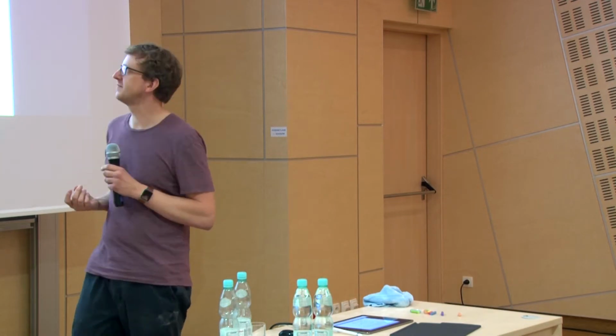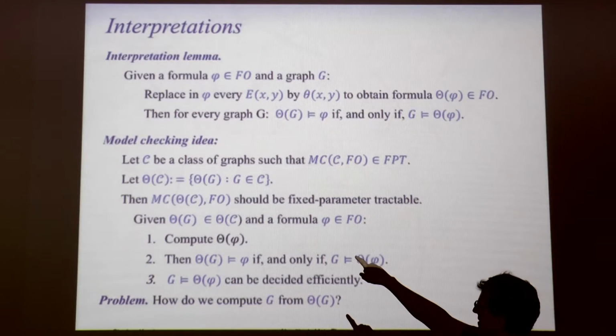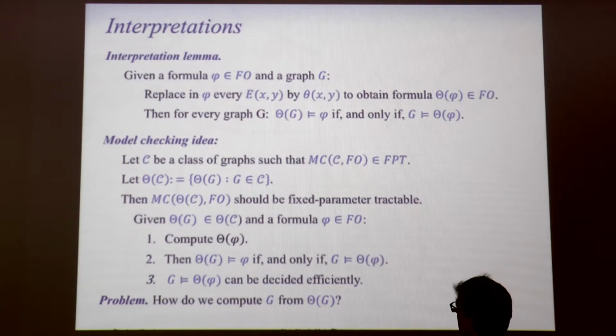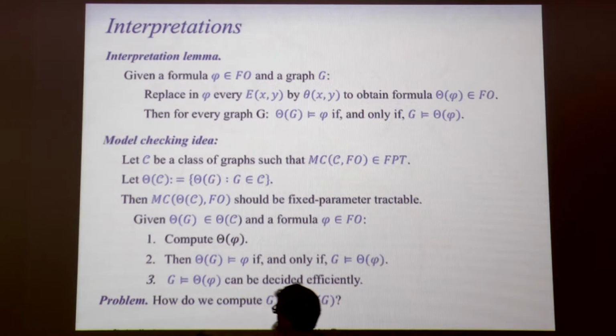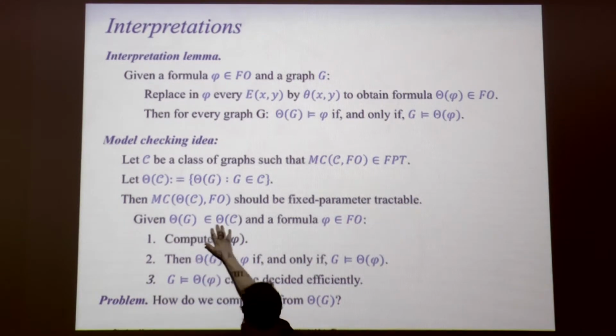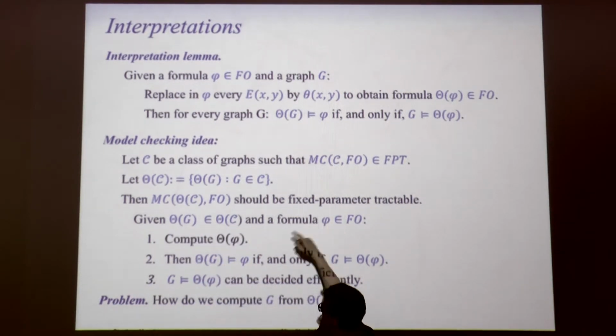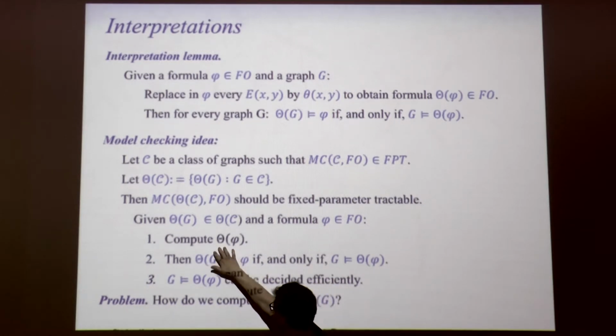So the general model checking idea is you have a class of graphs for which you know how to evaluate formulas efficiently, and then you apply this interpretation to get a new class. Then ideally, the model checking procedure is: you get some graph as input from your new class and a formula, and you want to know whether it's true in this graph. Then you first reverse engineer your formula. That's trivial, because if you know the interpretation, then this comes for free.